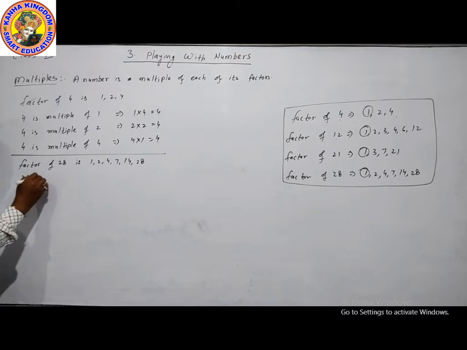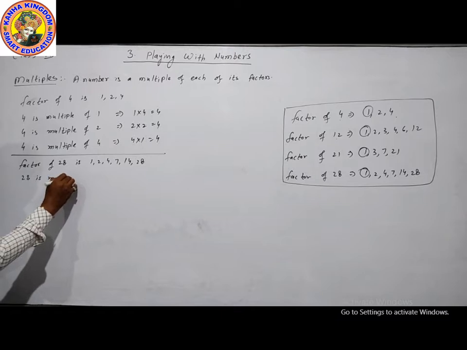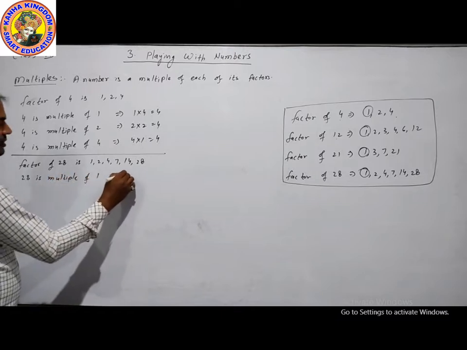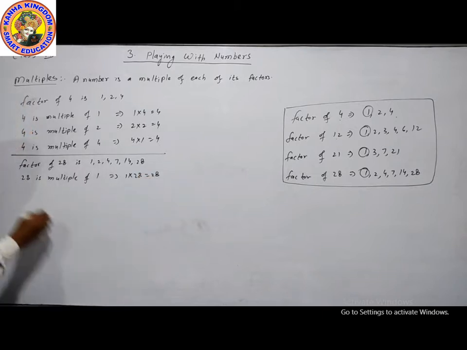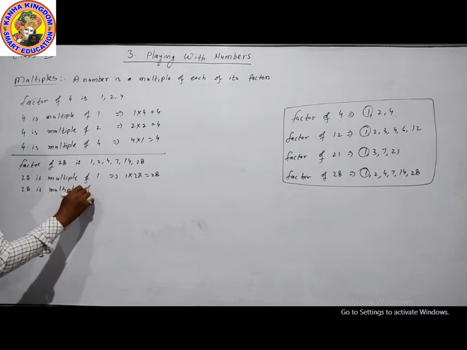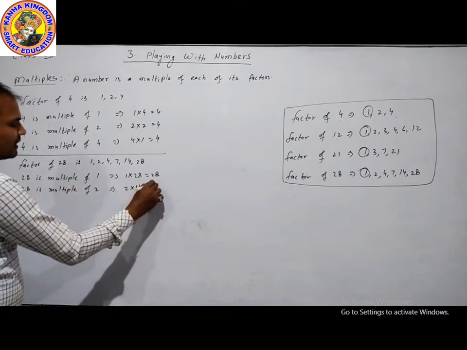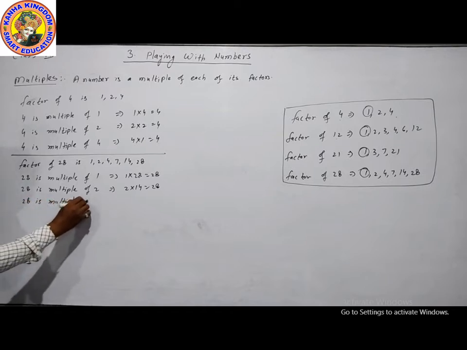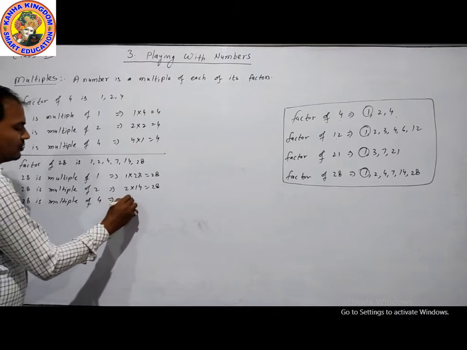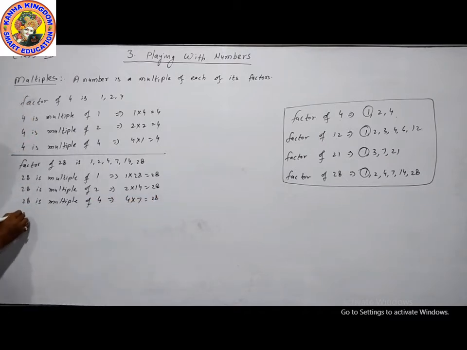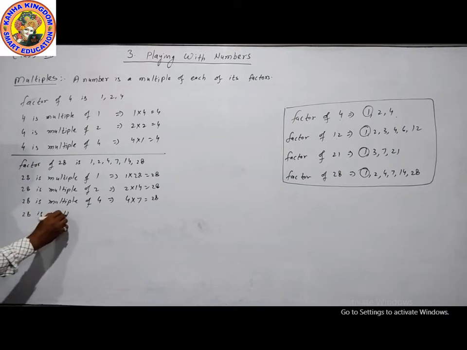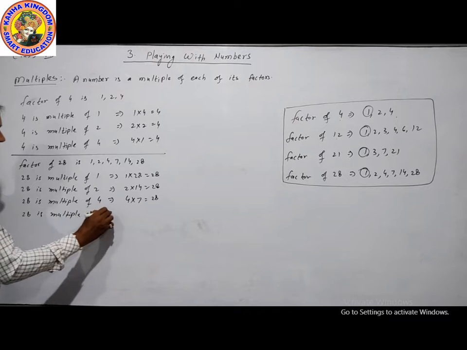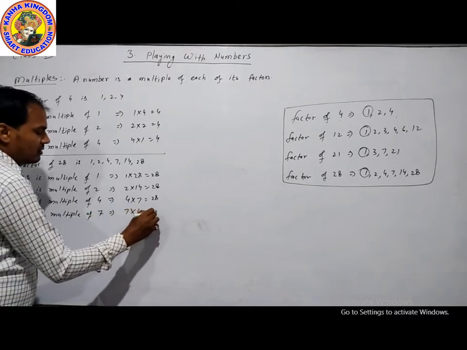So 28 is a multiple of 1 because 1 into 28 is equal to 28. 28 is a multiple of 2 because 2 into 14 is equal to 28. 28 is a multiple of 4, 4 into 7, 28. 28 is a multiple of 7 because 7 into 4 is equal to 28.